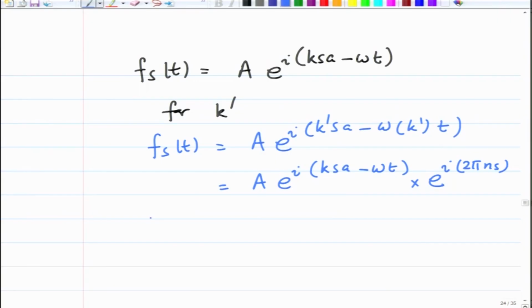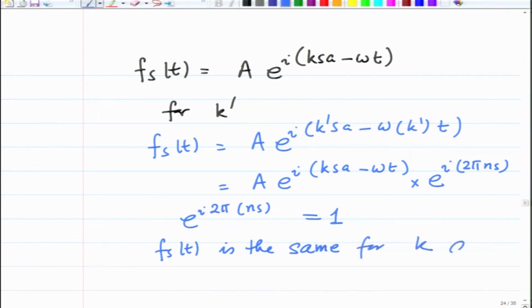Now, n and s both are integers, therefore e raised to I 2 pi n s is equal to 1, and we find that f s t is the same for k and k prime equal to k plus 2 pi over a times an integer n.